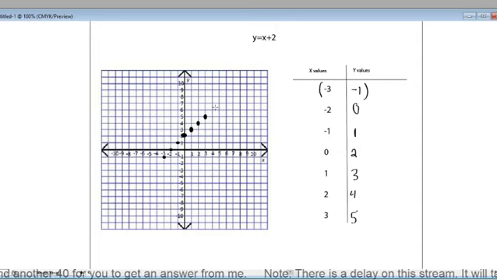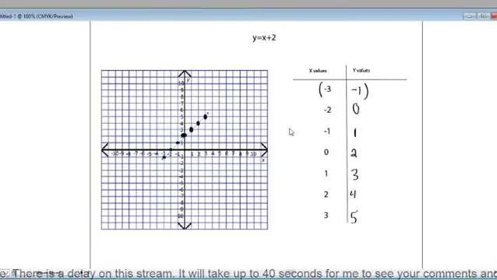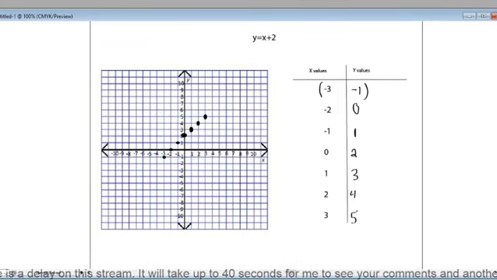If we connect these dots together, they form a line.